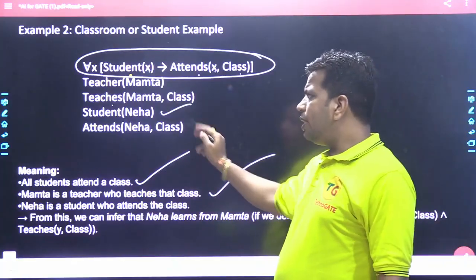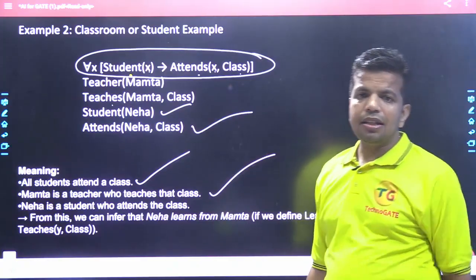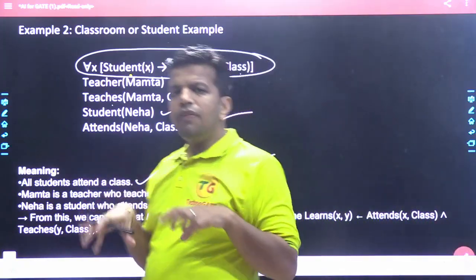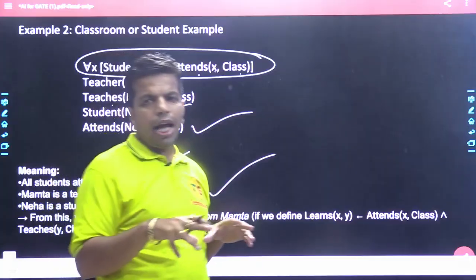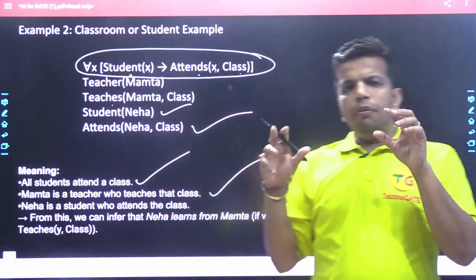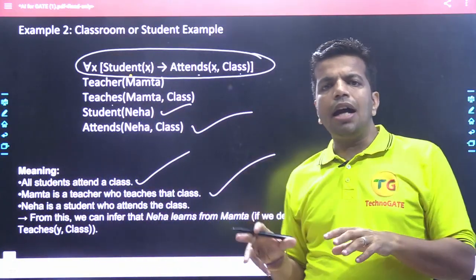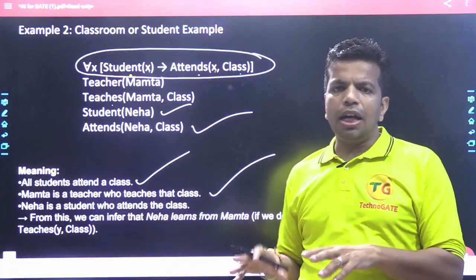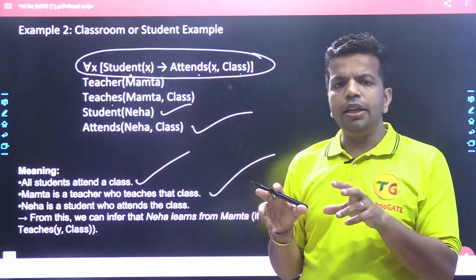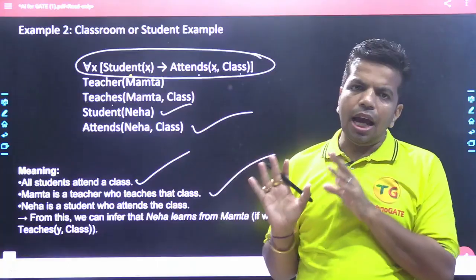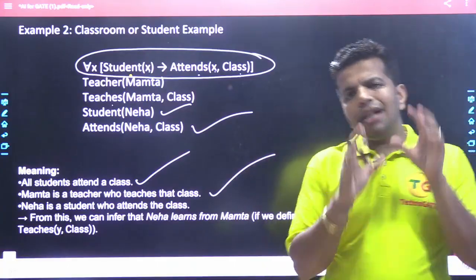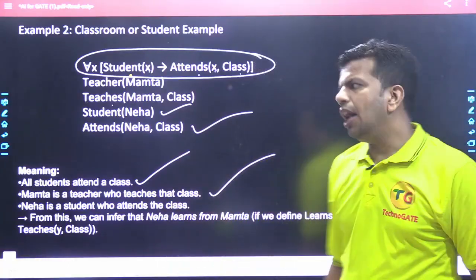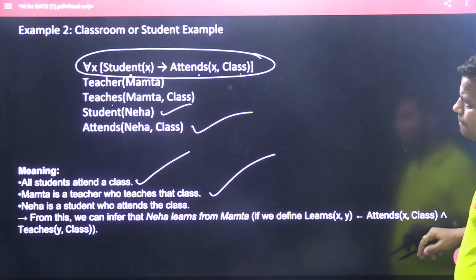Neha is a student, and Neha is attending that class. So from this, what can we conclude? Simply that Mamta is a teacher of a class, Neha is a student of a class, and every student is going to attend a particular class. So Neha is going to attend the class.